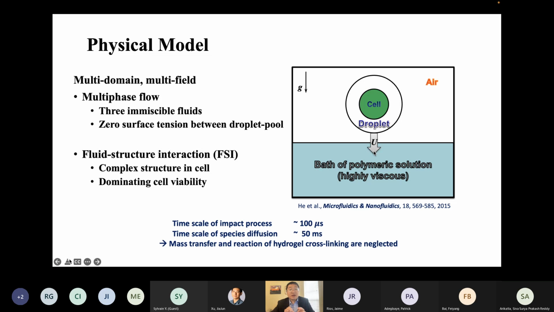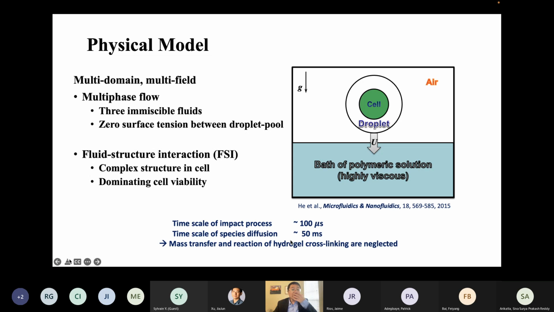The time scale analysis tells us that the impact process takes about 100 microseconds, while the mass transfer, the species diffusion, takes 50 milliseconds. So you can see that they are largely different.